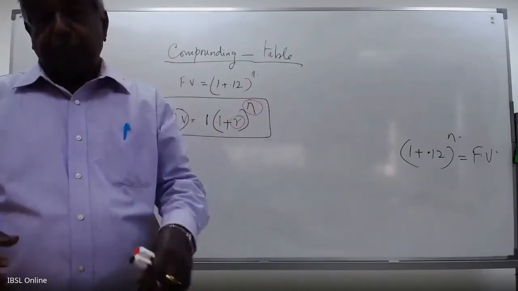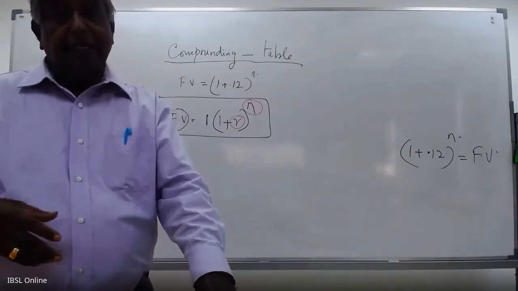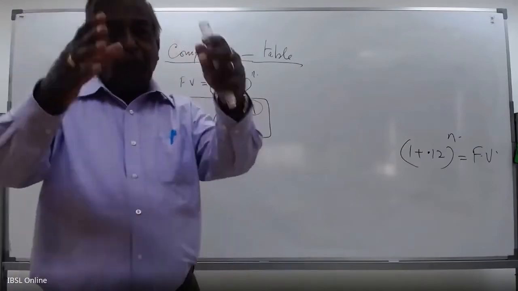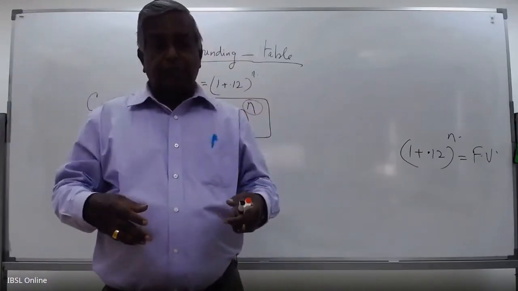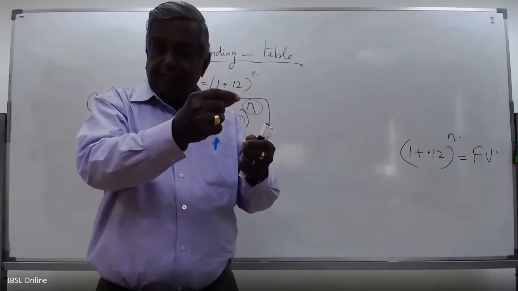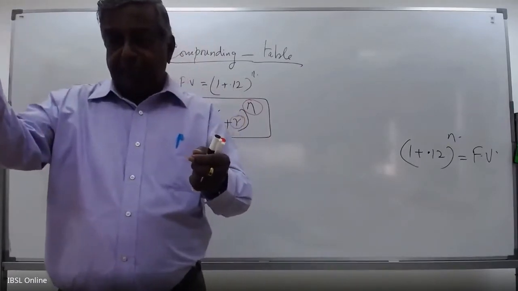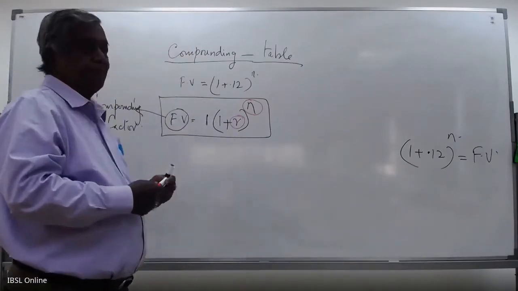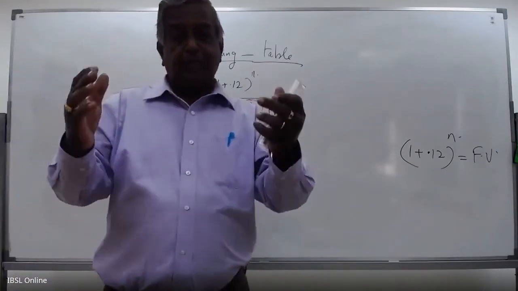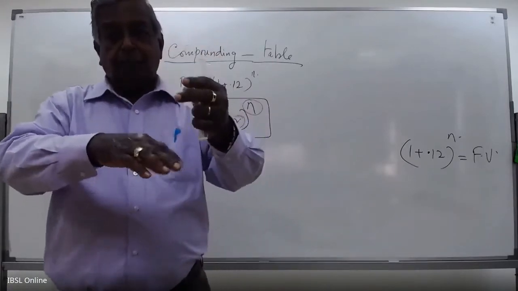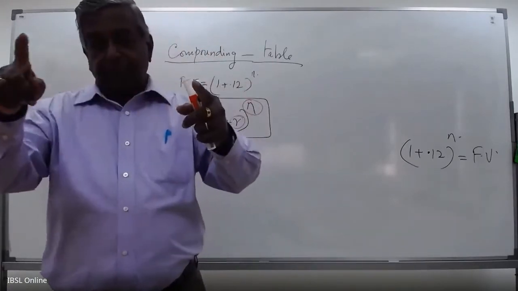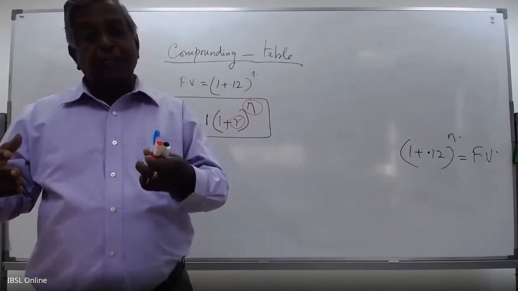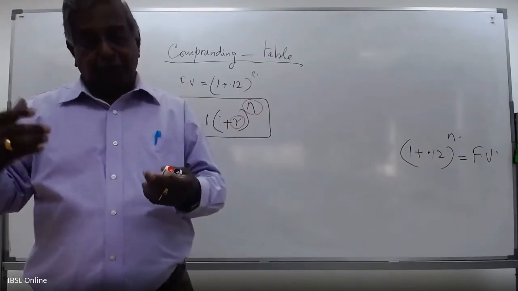Similarly, there is a compounding table also. From the compounding table, for different interest rates and different periods, you can find the compounding factor, and then use that to calculate the future value.